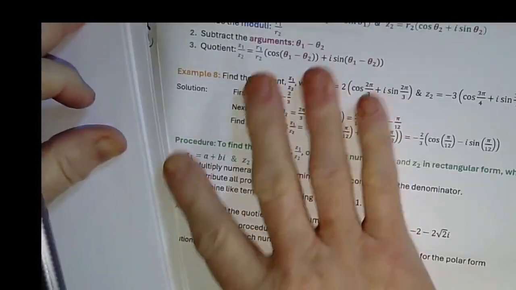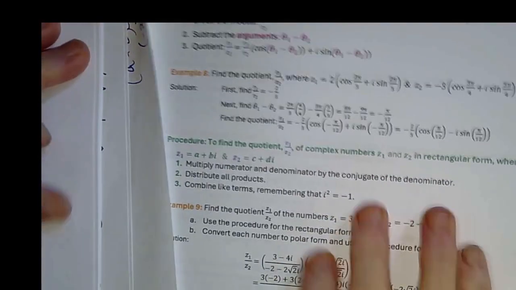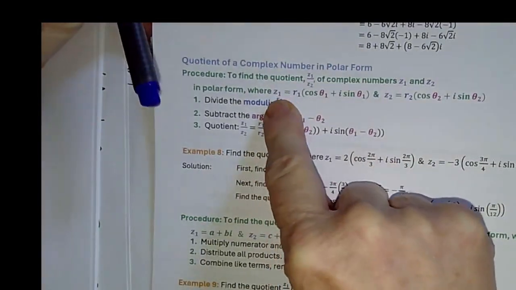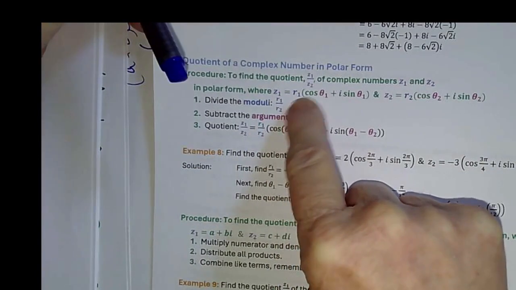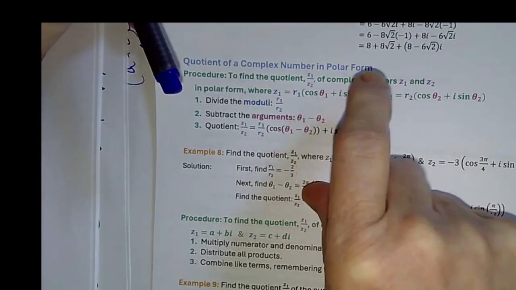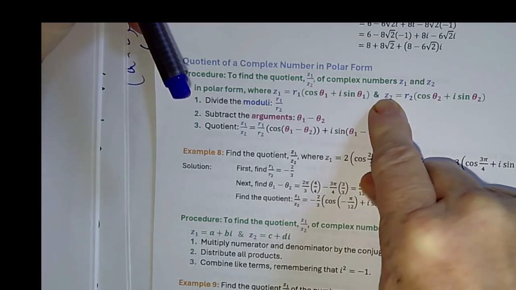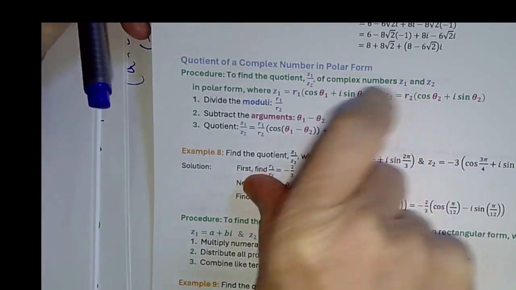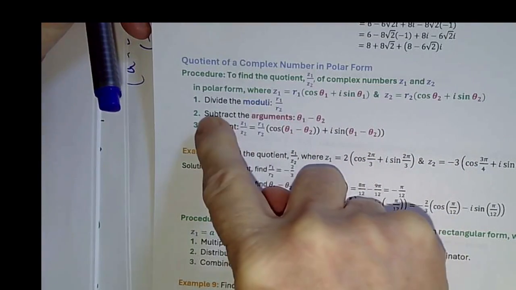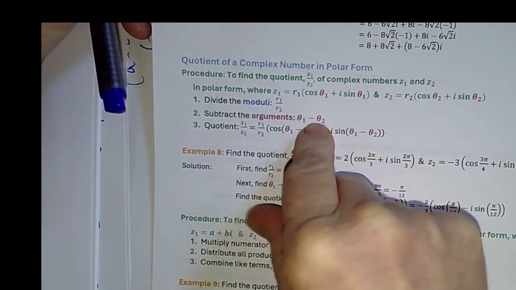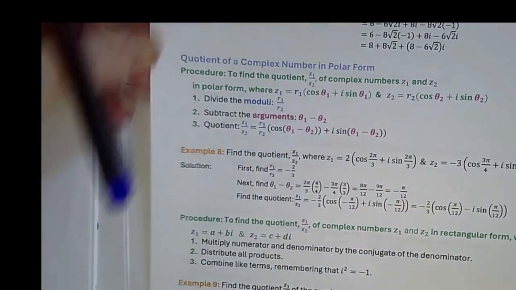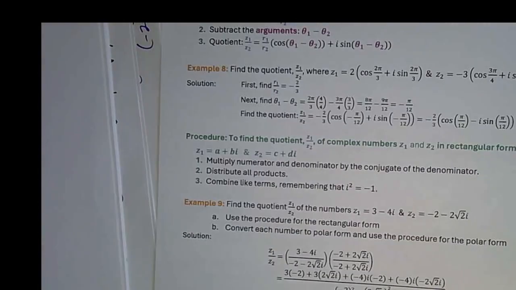Because in polar form, if you have the number z1 is r1 cis theta 1, and z2 is r2 cis theta 2, to divide, you subtract the angles and divide the r's. And that's it. Really nice.